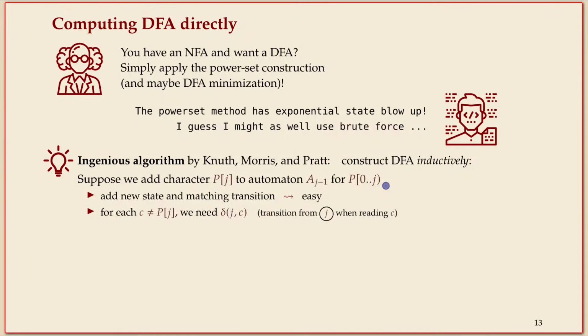If you can do an inductive step where you can take the automaton for the first j characters, pattern p0 up to j, remember excluding, so it's j characters because we start at 0. If we have an automaton for that, maybe we can add the next character and build the DFA for the one bigger pattern.